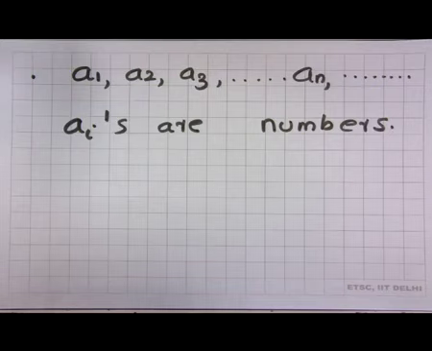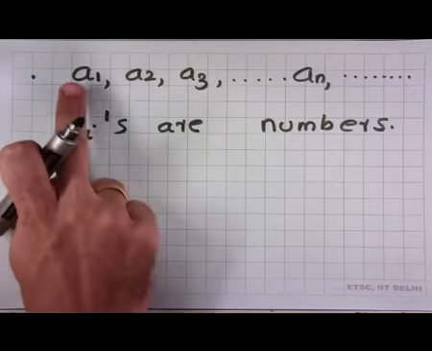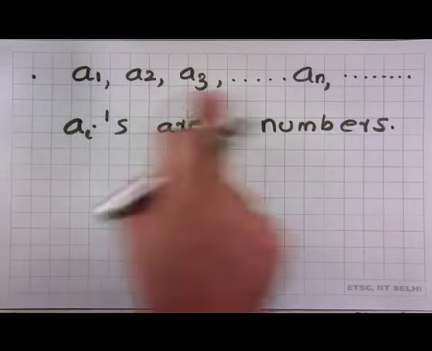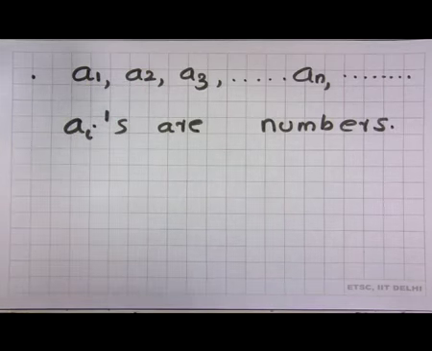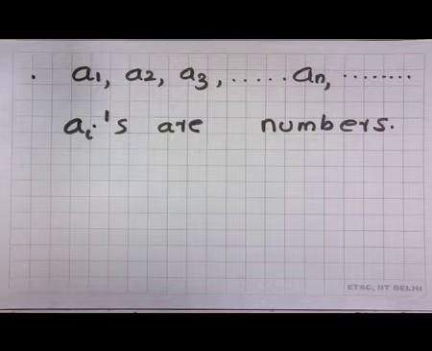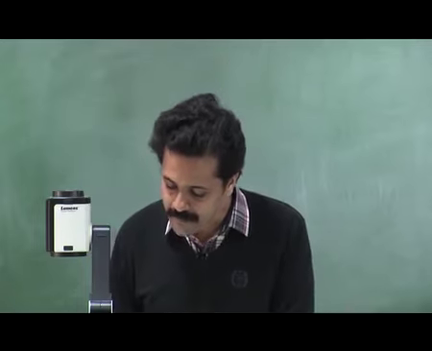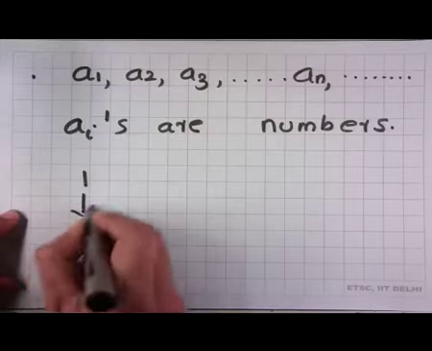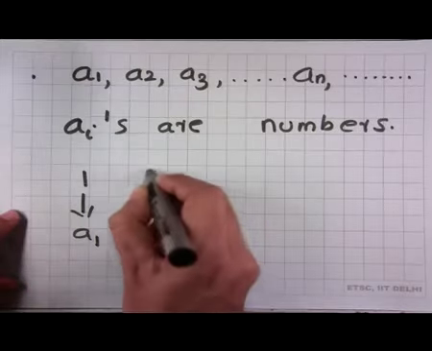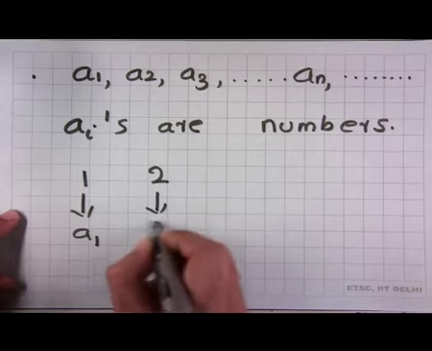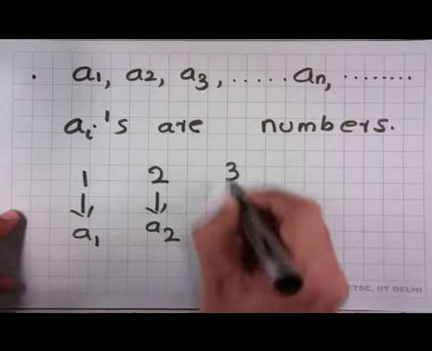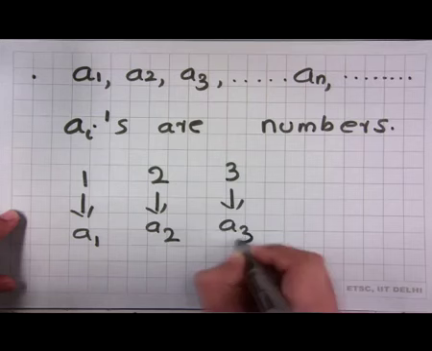In other words, when we list A1, A2, A3, and so on, and we emphasize that order is important, what we mean is first place number A1 occurs, second place number A2 occurs, third place number A3 occurs, and so on.